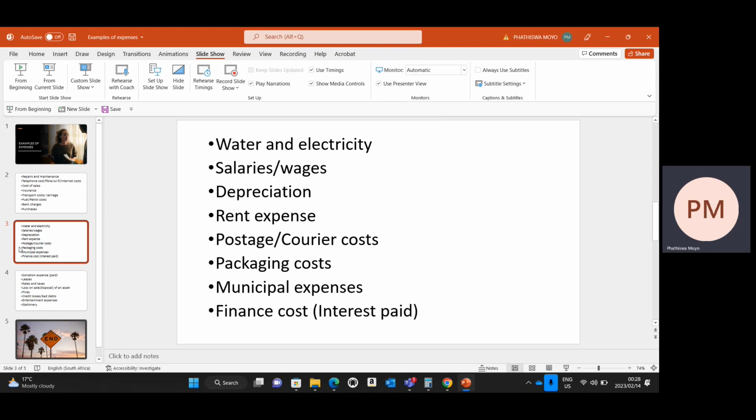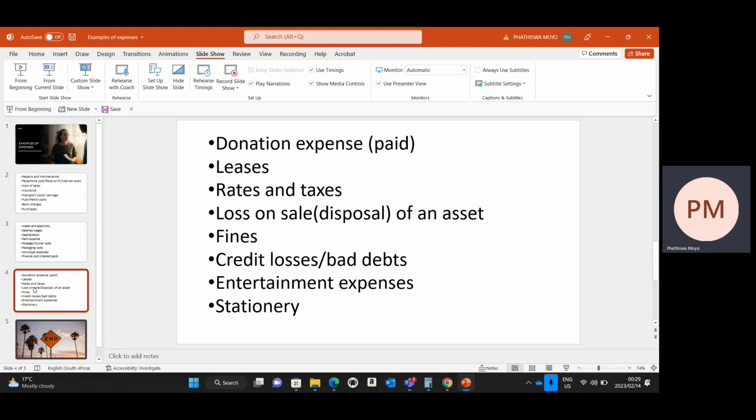Rent expense is sometimes a lease expense. Postage or courier costs, packaging, municipal expenses, that's your rates and taxes, finance costs, interest paid, donations paid, also leases, rates and taxes.